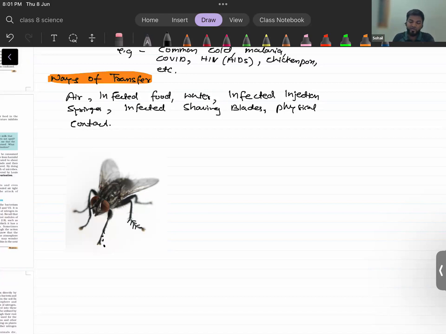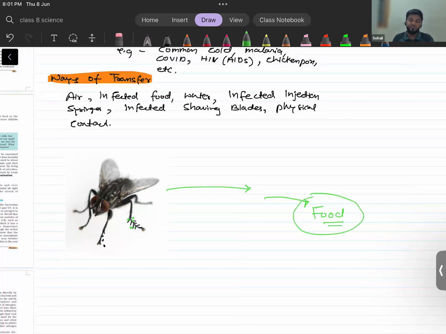So the microorganisms will cling to their body. When this housefly sits on food, those microorganisms get transferred to the food. Hence when that food is consumed by a person, it is highly likely that person will get infected.